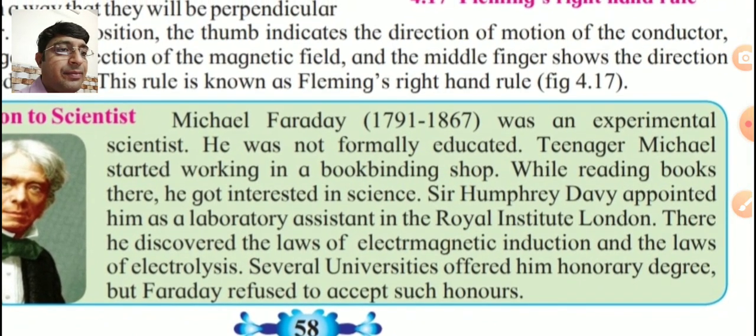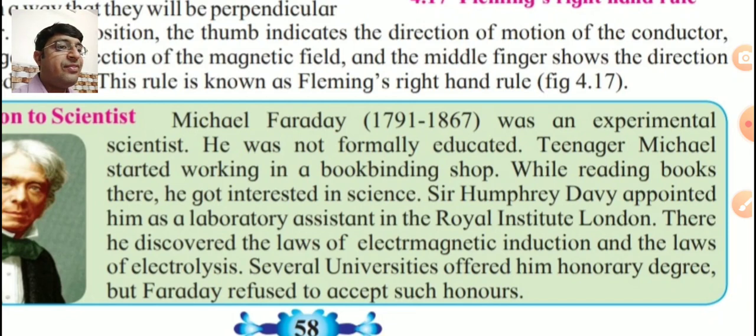Now, introduction to the scientist. Michael Faraday, 1791 to 1867, was an experimental scientist. He was not formally educated. As a teenager, Michael started working in a bookbinding shop. While reading books there, he got interested in science.